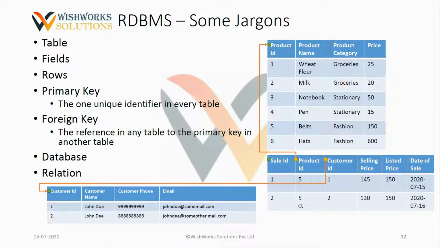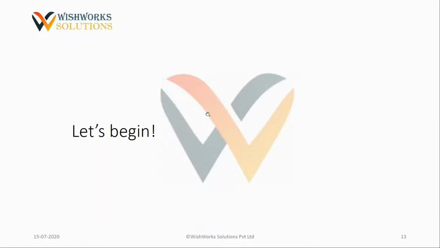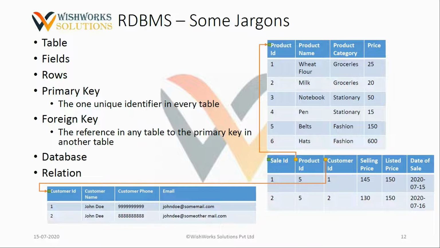So in a foreign key case, the values can repeat over the rows, but they reference the primary key of some other table. A primary key in a table is the field that uniquely identifies each row, and this data does not repeat within that particular table. So this reference is what you call relations, and hence the relational database management system. So with that, the basic fundamental concept of an RDBMS is over.